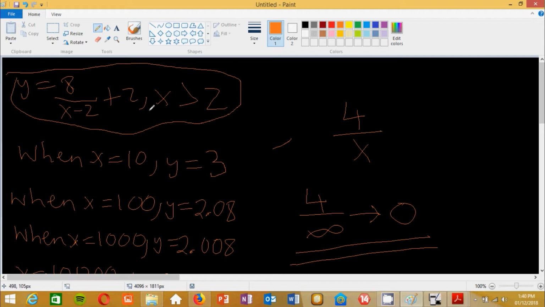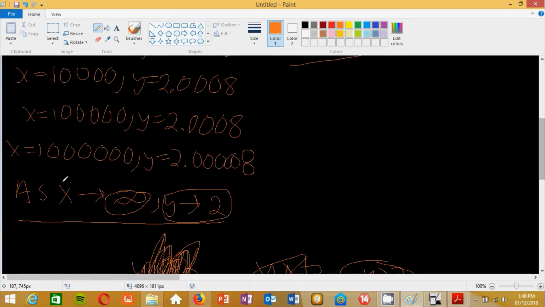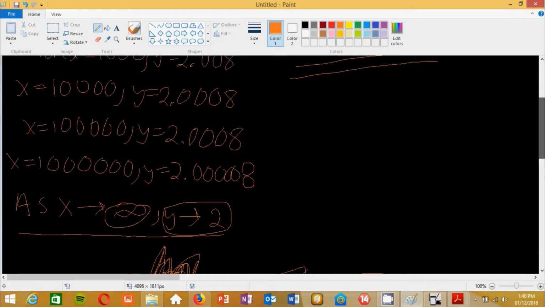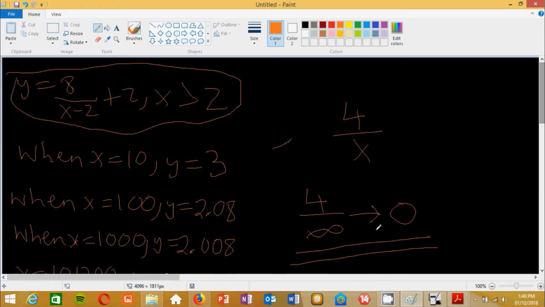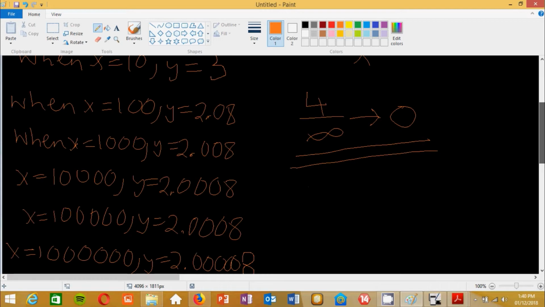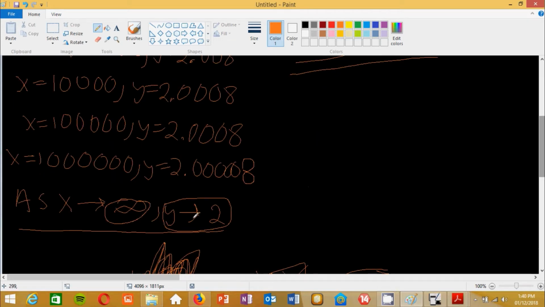So when we were doing this analysis here, we were making x bigger and bigger, and we were trying to make x approach the number infinity. So having this idea, you don't have to use this inspection anymore.